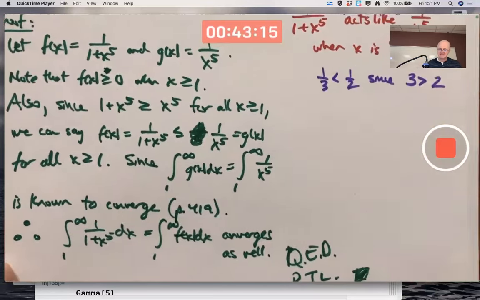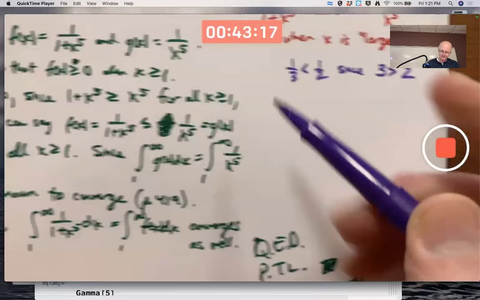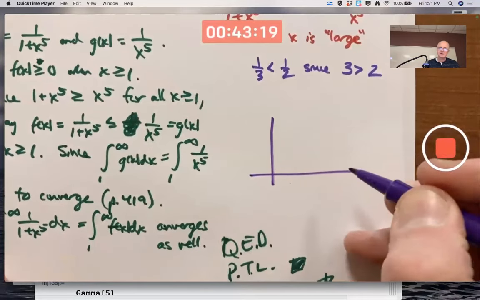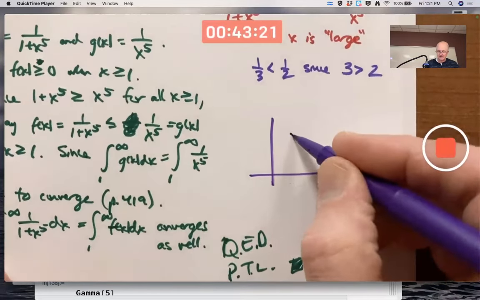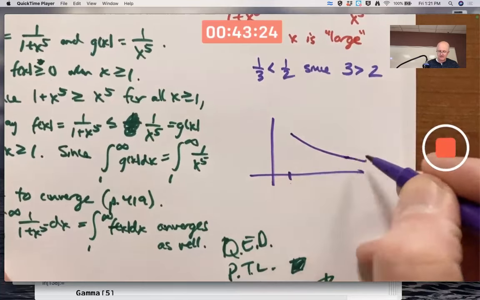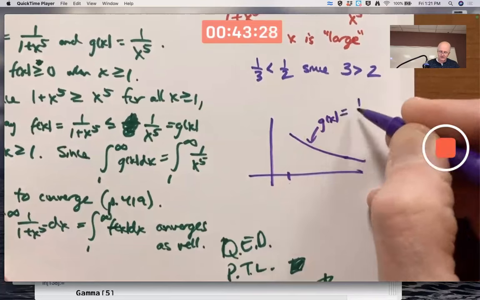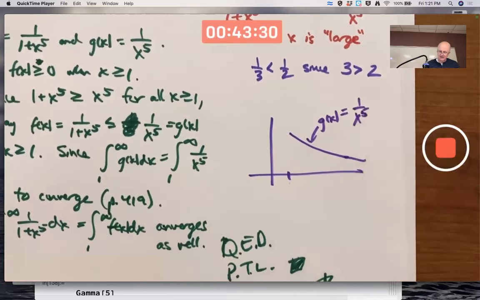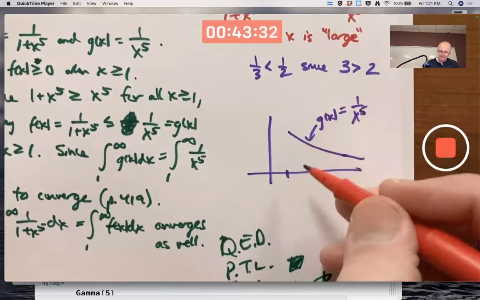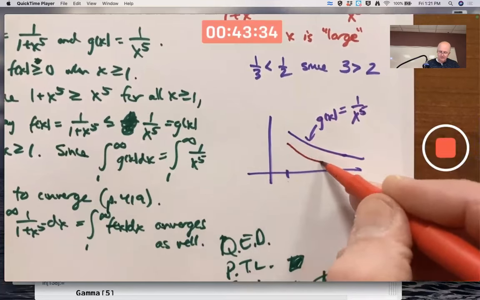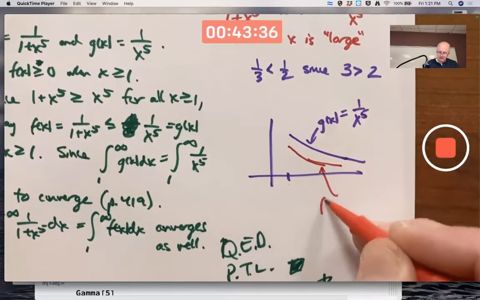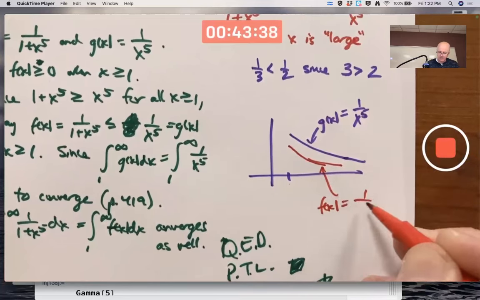And again, it does make sense. If you graph the two functions f and g, g of x equals 1 over x to the fifth versus f of x equals 1 over 1 plus x to the fifth.